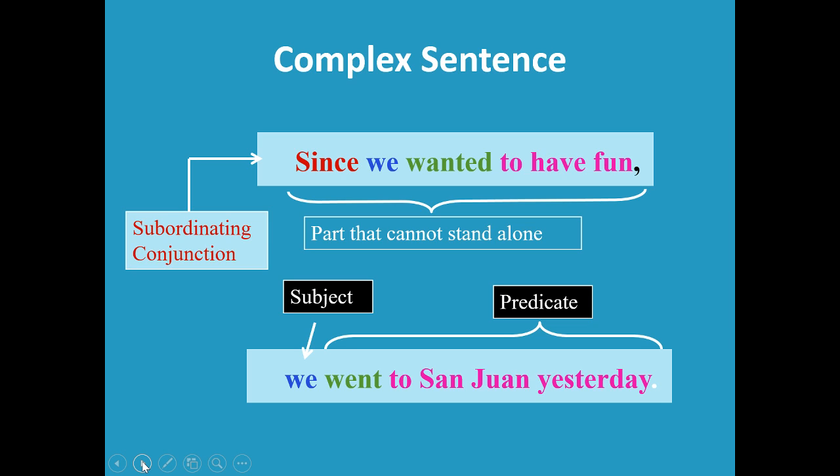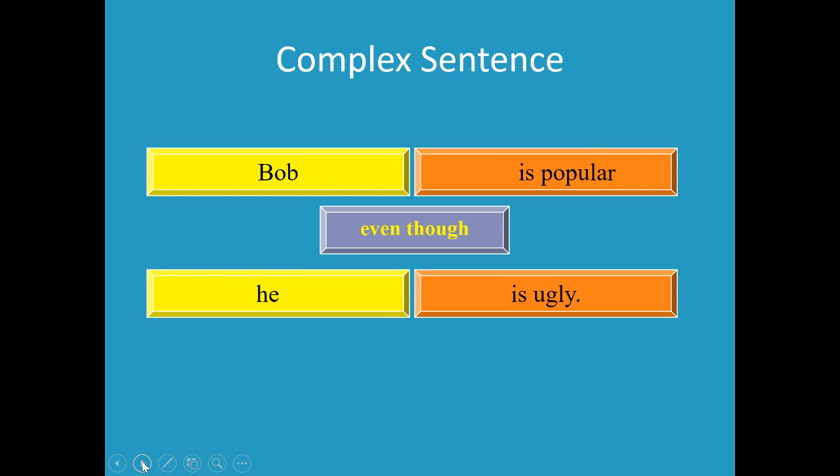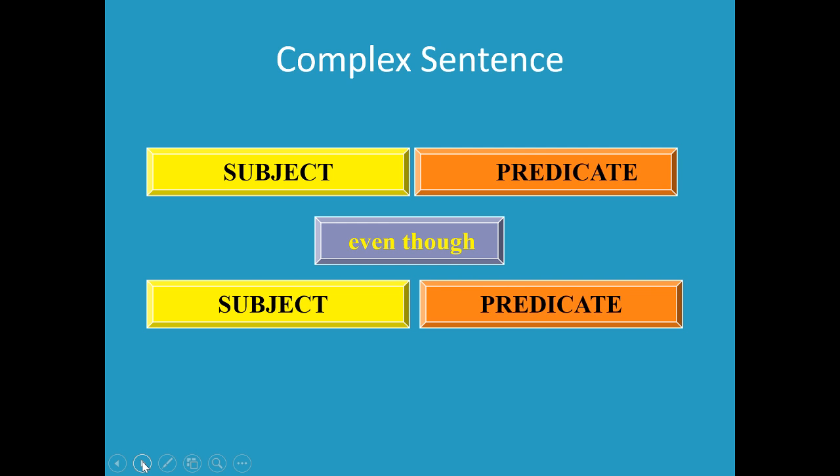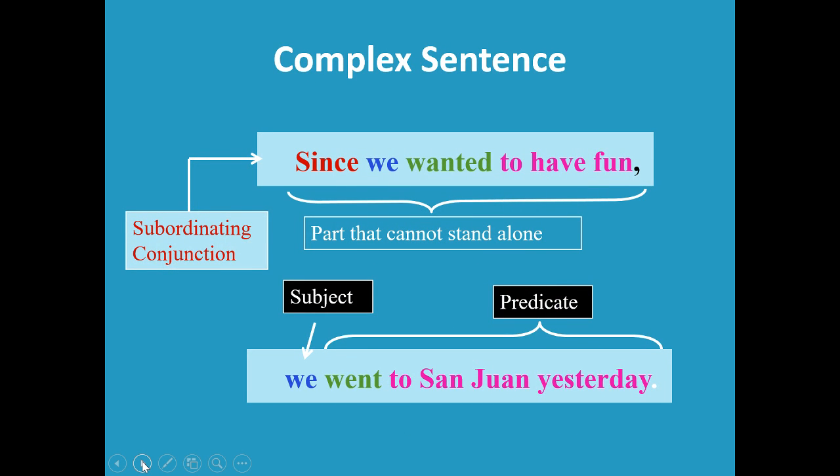And also the first part starts with a subordinating conjunction. Now in the first sentence, we saw the subordinating conjunction is used at the beginning of the sentence.